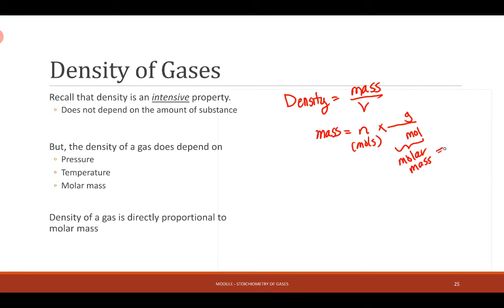I'm going to use the symbol script M for molar mass. So when I rewrite this equation, I can take my density and plug in, instead of mass, n times my molar mass over V.